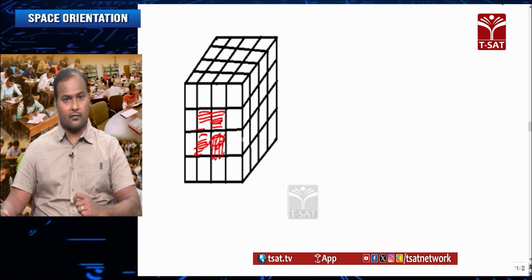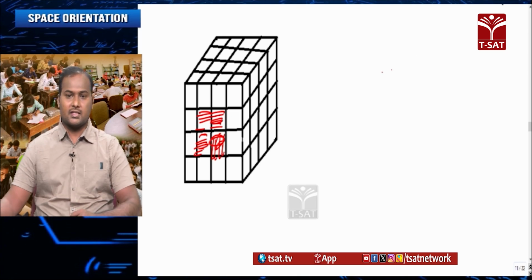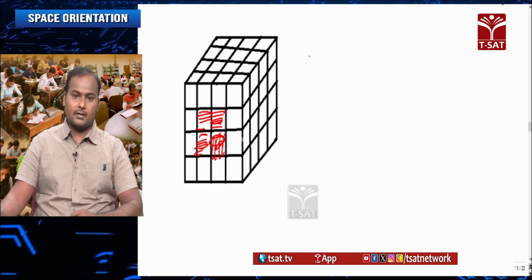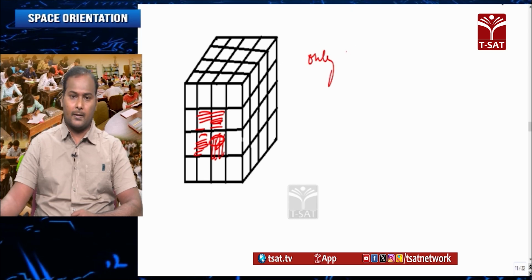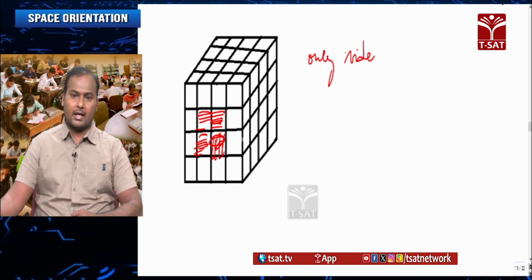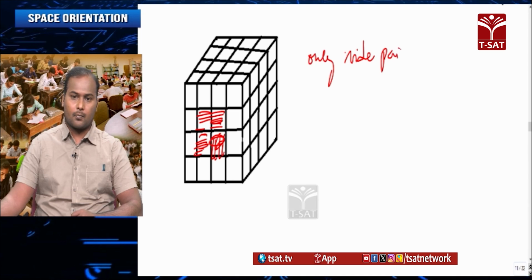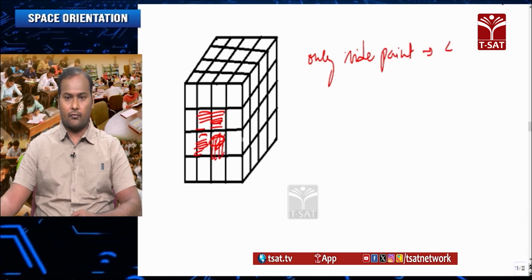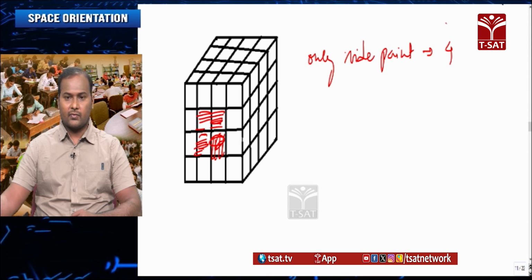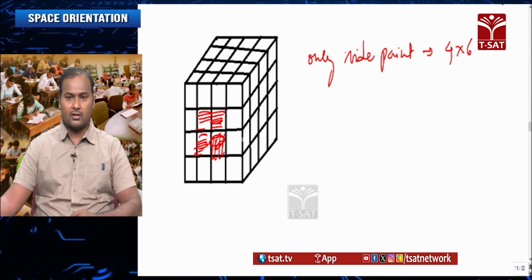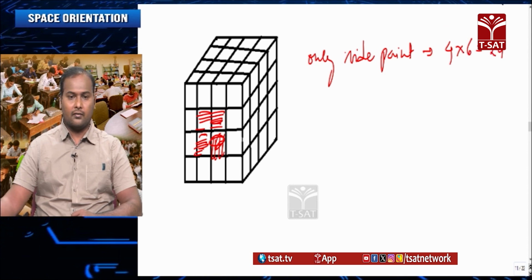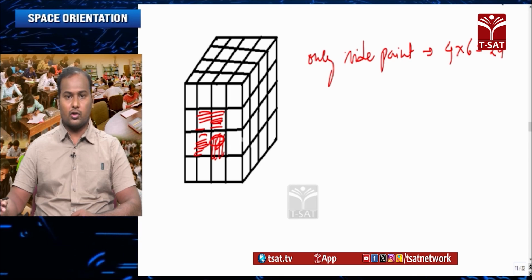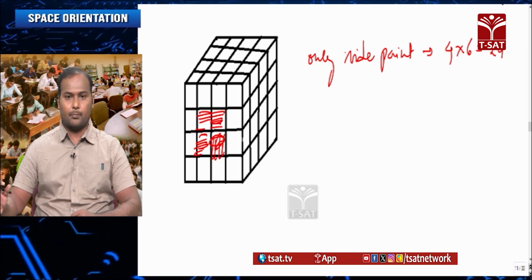Total how many faces for a cube? 6 faces. So you multiply with 6. So the answer is 24. 24 small cubes are having one side paint.